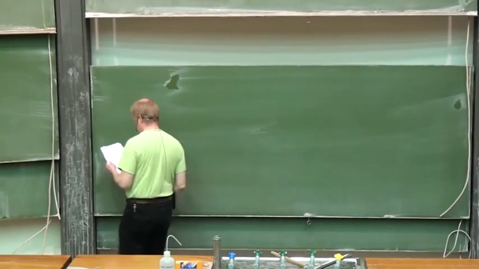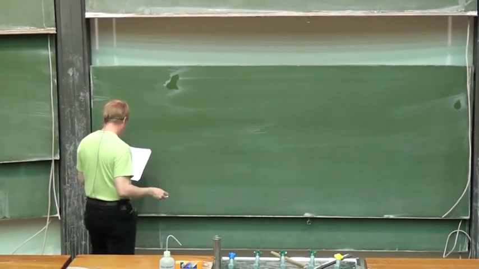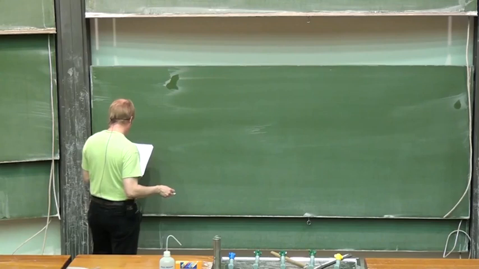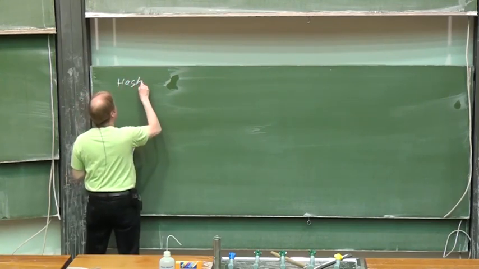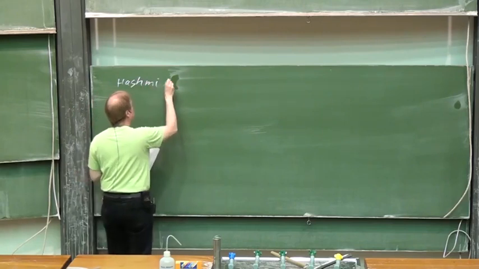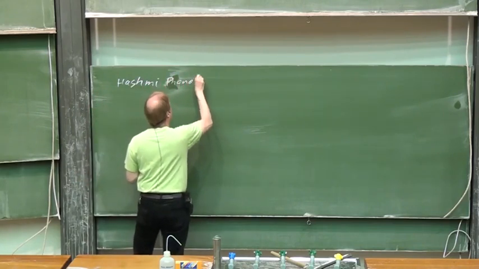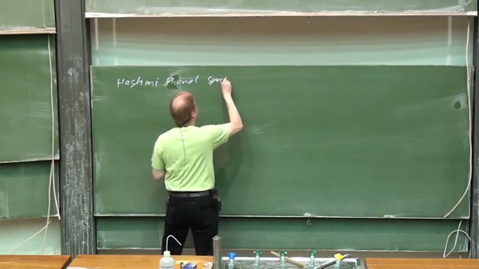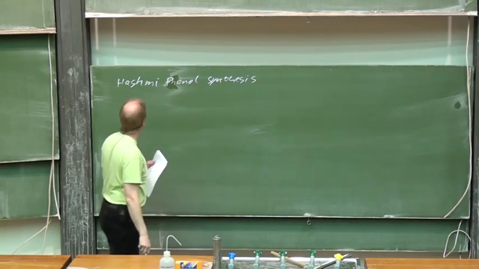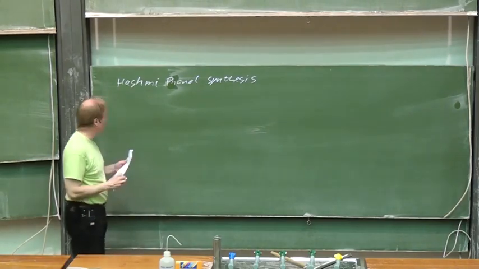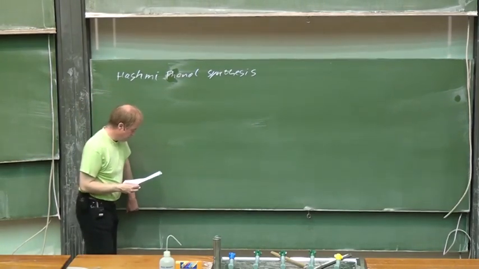Well, the next example is one of the first examples of a name reaction, the Hashmi phenol synthesis found by Stephen Hashmi, who is now at Heidelberg University.